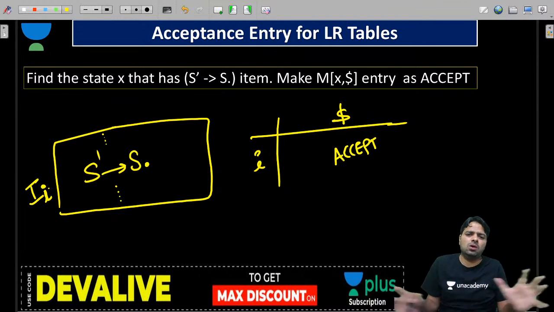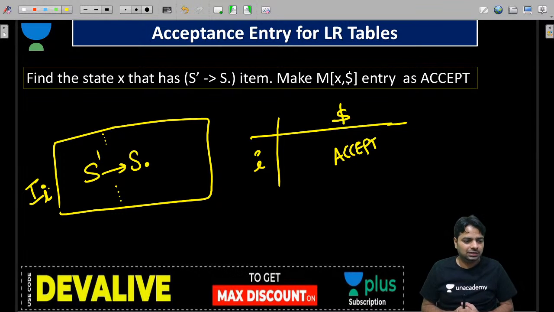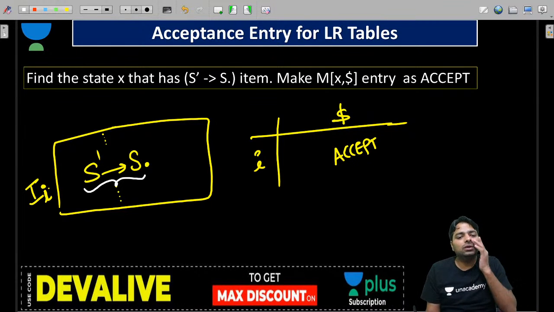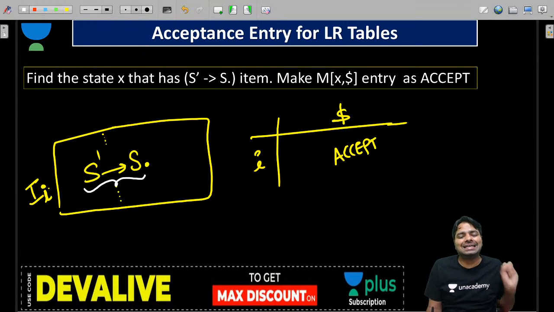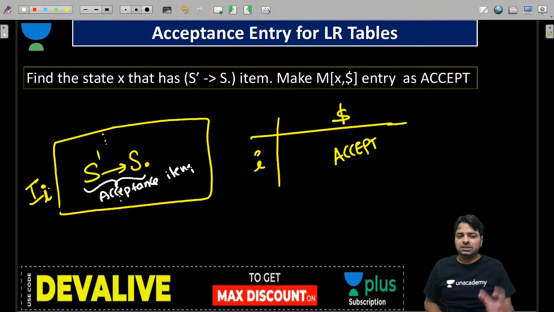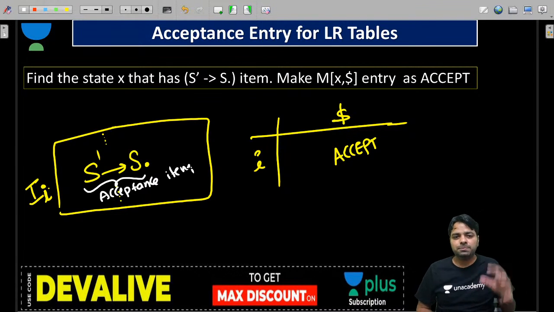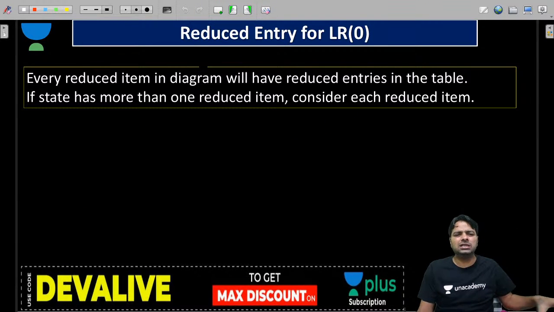This is common for all LR tables. Is this point clear? This is the acceptance item. Do not call this a reduced item, even though it is completed, but a very special reduced item. So we call this an acceptance item, and we will have an acceptance entry for this production. Now if you look at this, it is the same for all LR parsers.